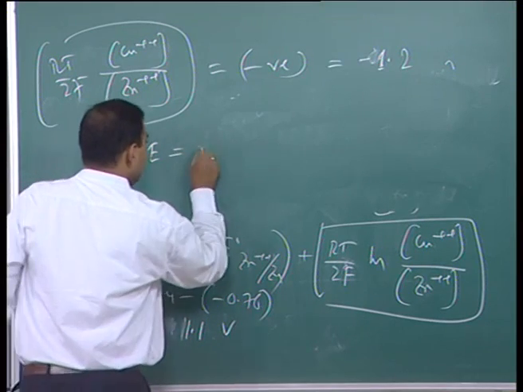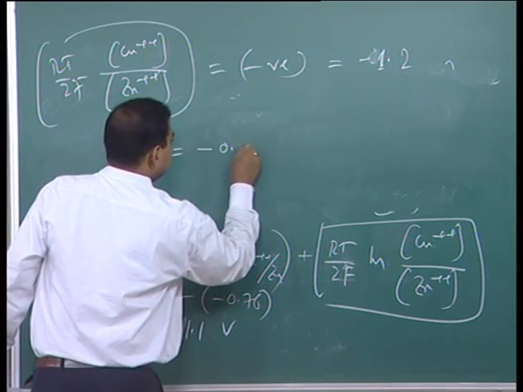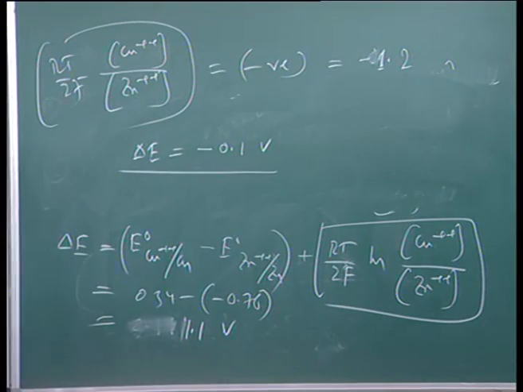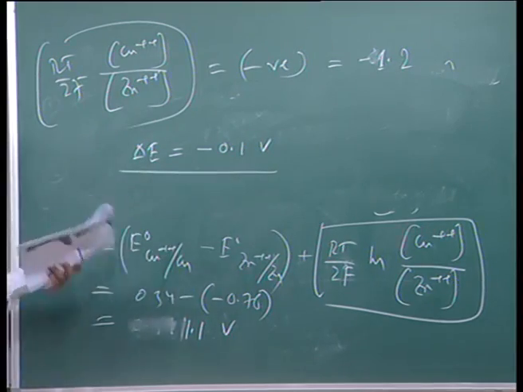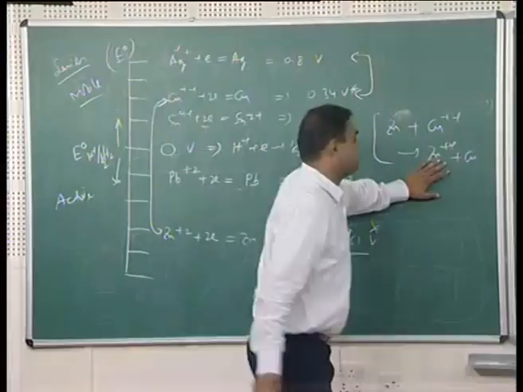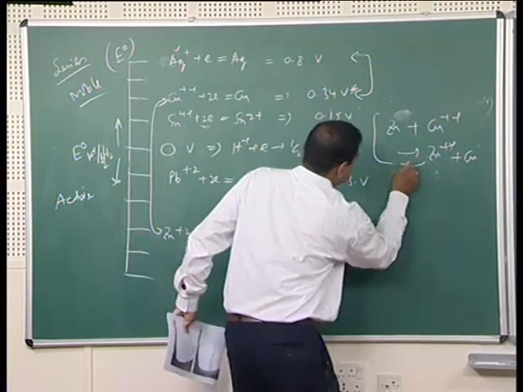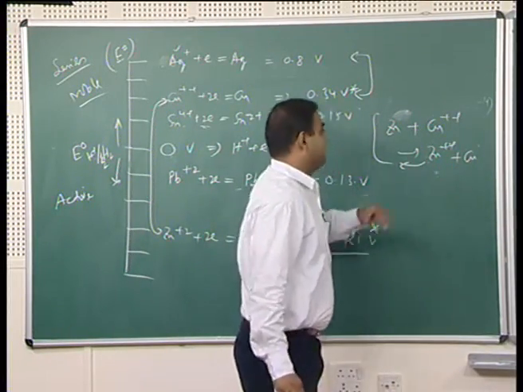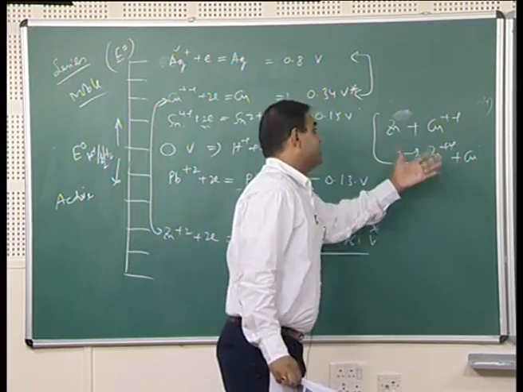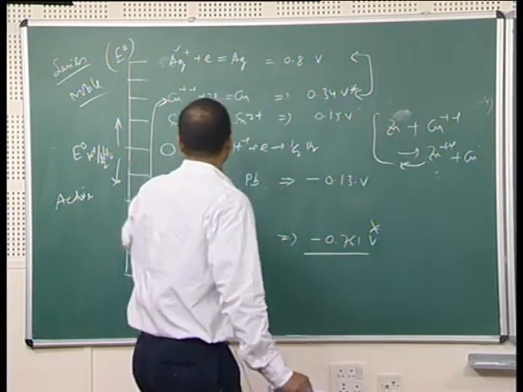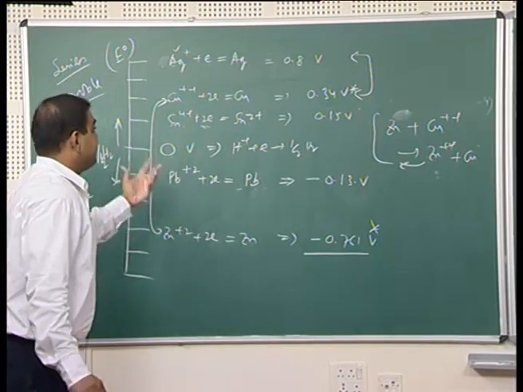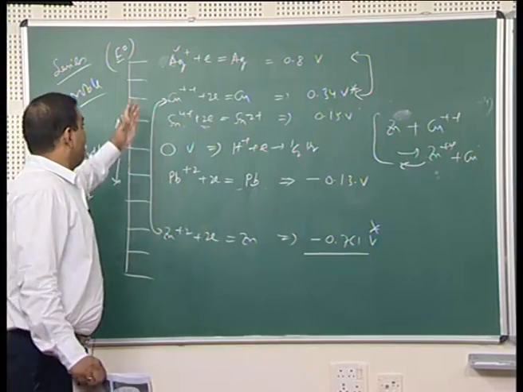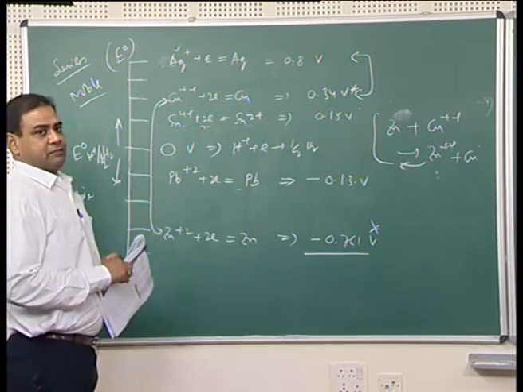It would be equal to minus 0.1. So now we see that the cell potential is negative. If it is negative, then the reaction is non-spontaneous. So this reaction would not happen; rather the opposite reaction would happen. In that case copper will come out as copper ion, and zinc ion will deposit as zinc. So from this we cannot predict what the effect of the concentration on the cell reaction would be.